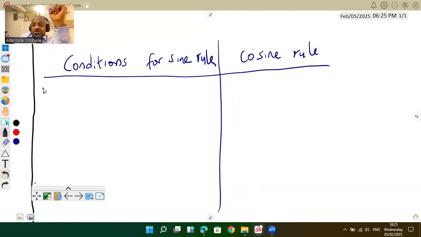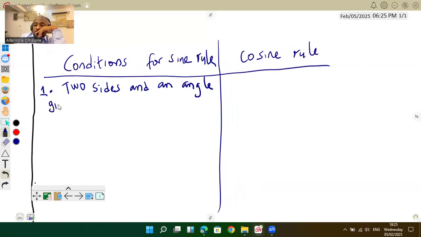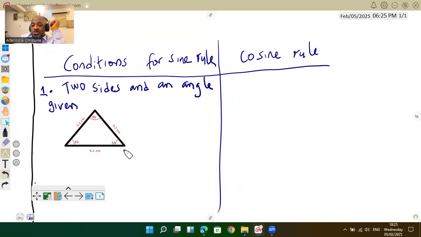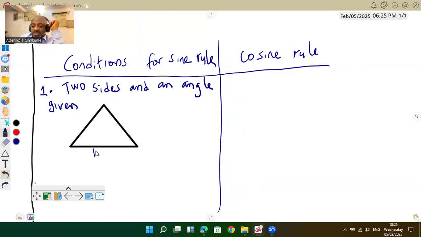For the first condition of sine rule, you have a triangle and you have two sides and an angle given. So when you see a particular triangle, take for instance, I give you this triangle, and I have two sides, maybe this is 10 centimeter and this is 8 centimeter, and then this angle is 55 degrees.